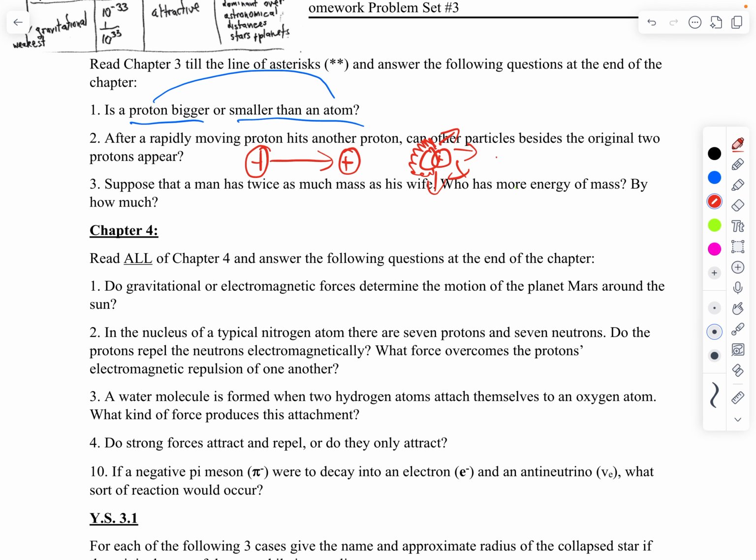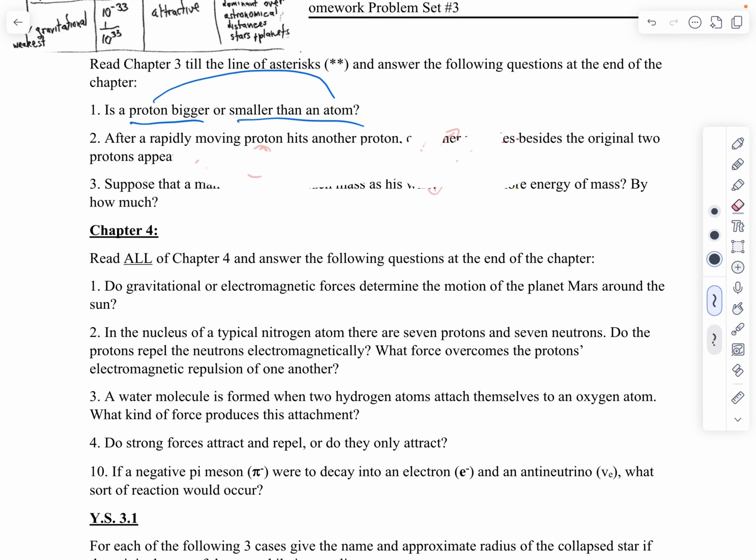So these little things can create new matter, which answers our question. So the answer is yes. You don't have to know how it works or go into too much detail about it. Okay? Suppose a man has twice as much mass as his wife.